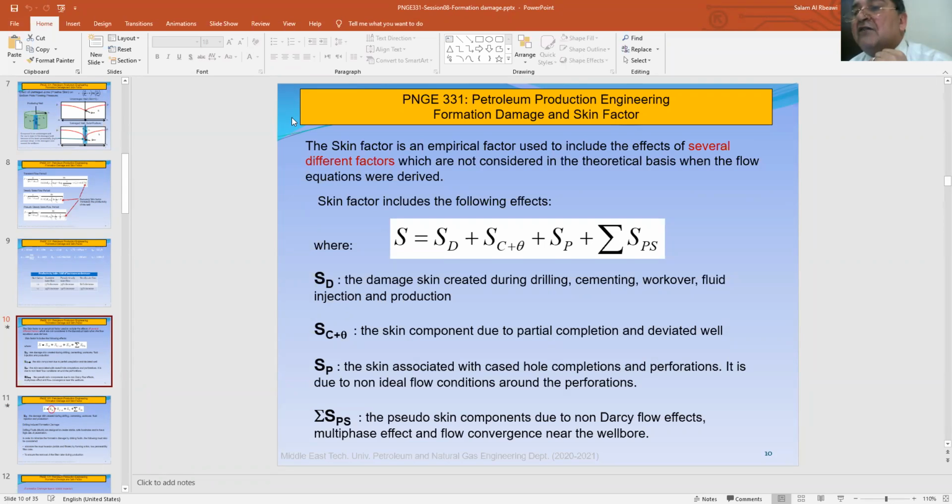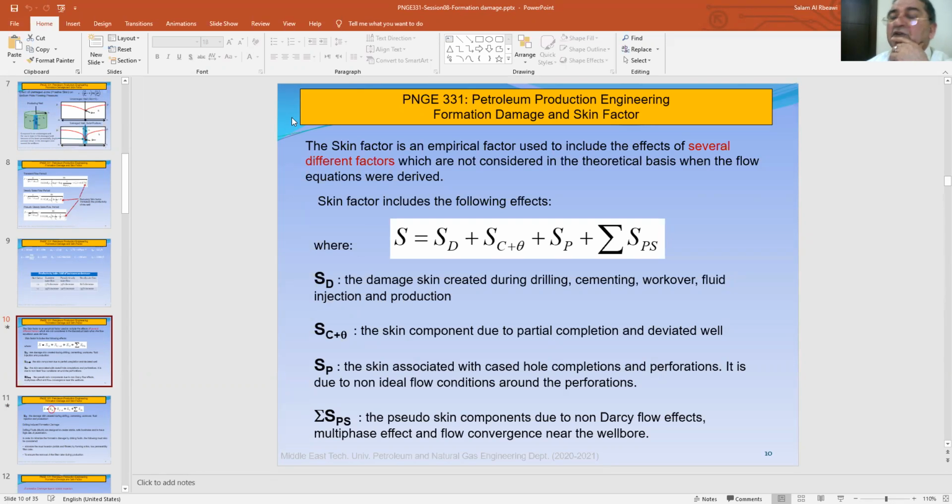For example, when we have unconsolidated sand, the fine sand grains could move with reservoir fluid and could be precipitated somewhere close to the wellbore.